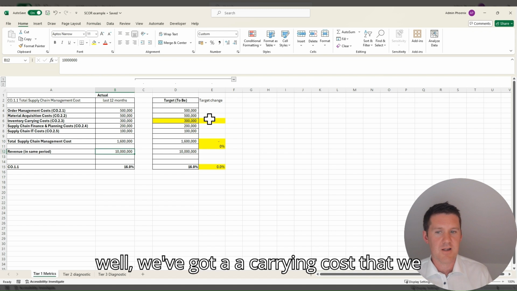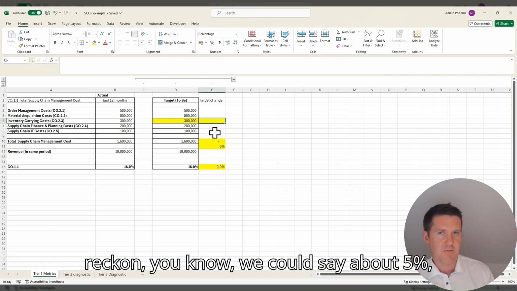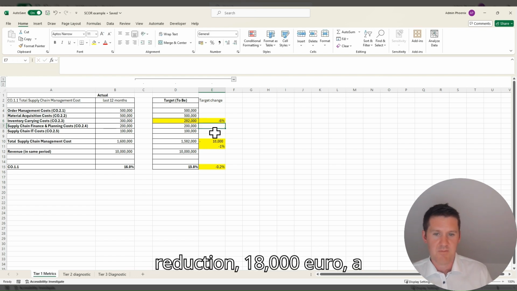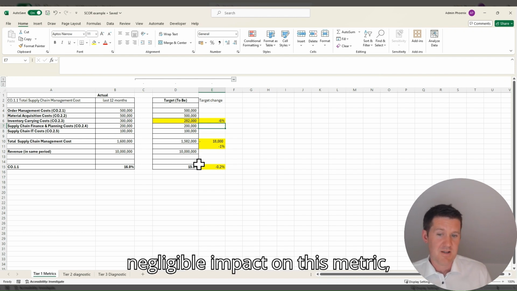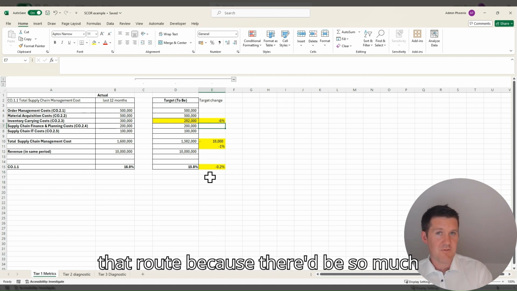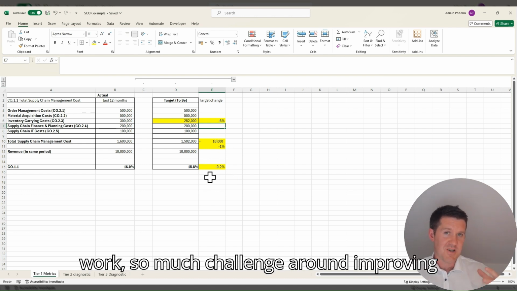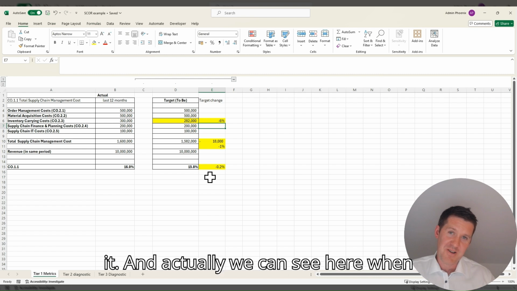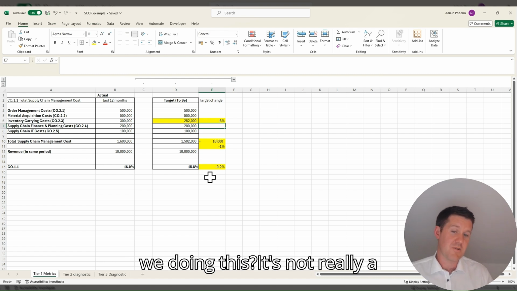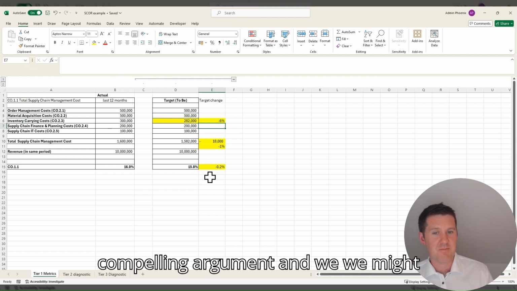Because if we say, well, we've got a carrying cost that we reckon we could save about 5%, maybe 6% on, so if I say 6% reduction, €18,000, a negligible impact on this metric, maybe you just don't go down that route because there'd be so much work, so much challenge around improving it. And actually, we can see here when somebody ultimately says, well, why are we doing this? It's not really a compelling argument.